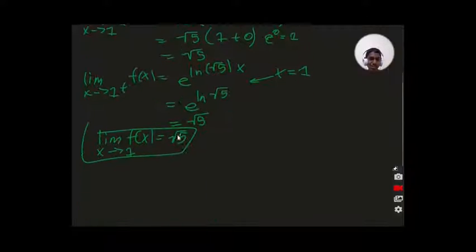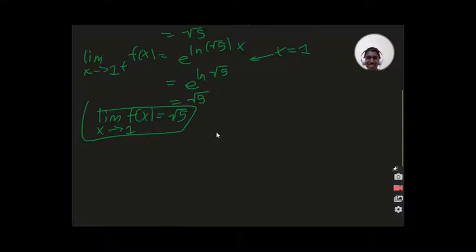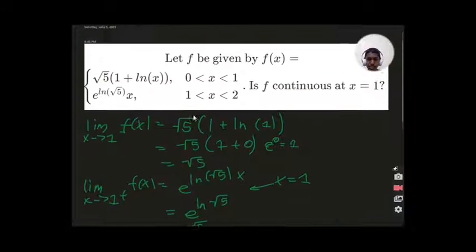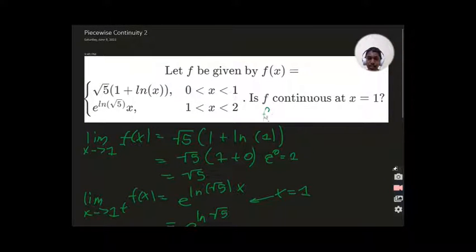But the thing to realize here is you need to know the other condition for continuity, which is that f of 1 also must exist. Because we're looking at whether it's continuous at x equals 1, does f of 1 exist?